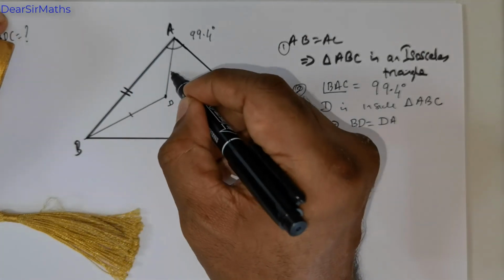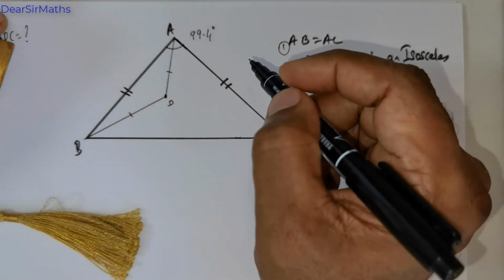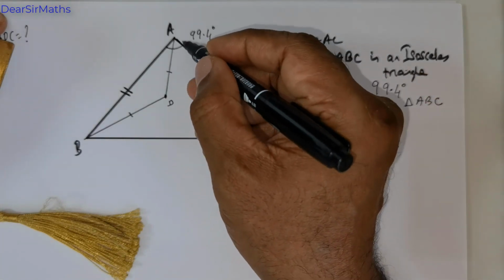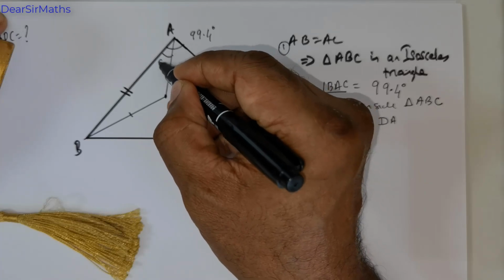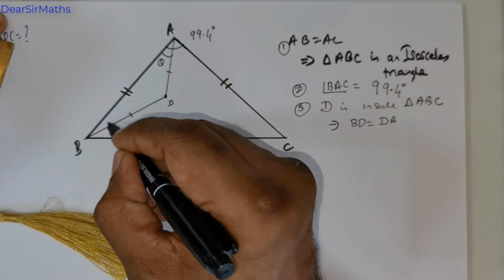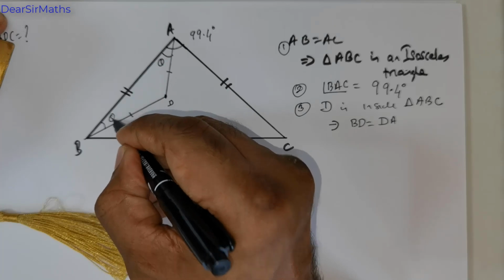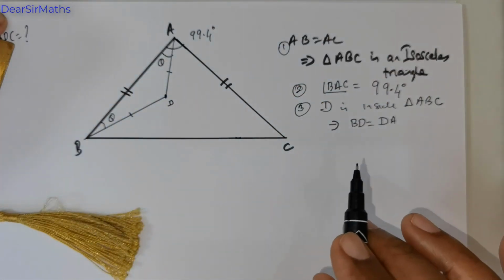So these two sides are equal. Now if this angle is theta, this angle is also going to be theta. Okay, that is for your observation.